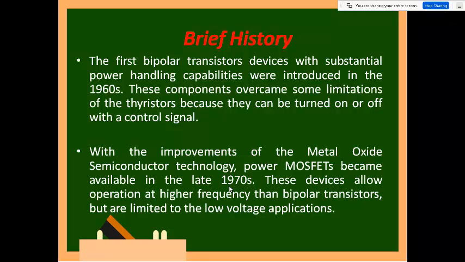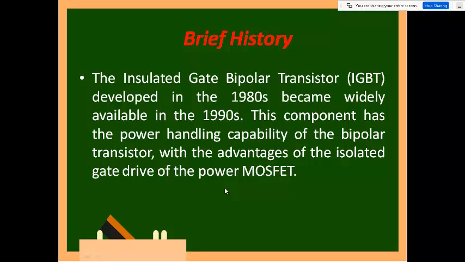So everything became small. All your appliances became small. Initially, since you didn't have this device, your TV and display units were very huge in size, even your computers were very big, and after this everything's size has been reduced. Then comes the insulated gate bipolar transistor.